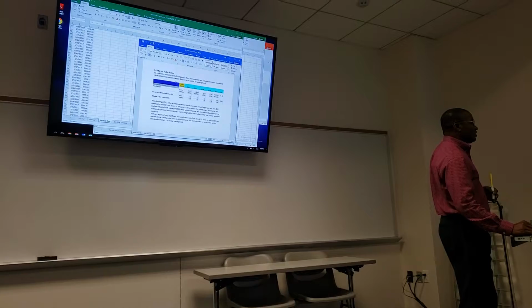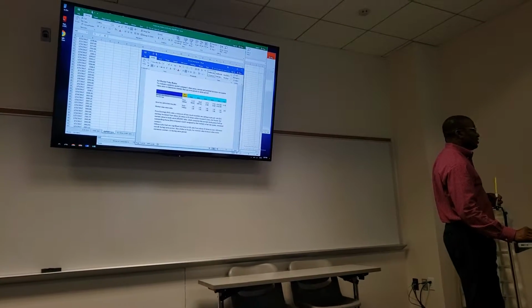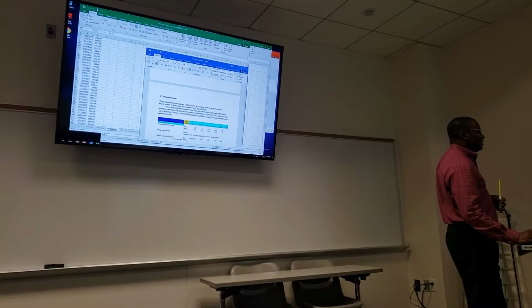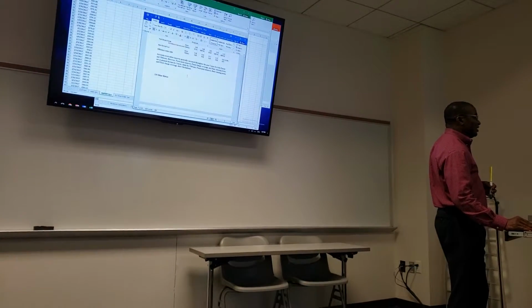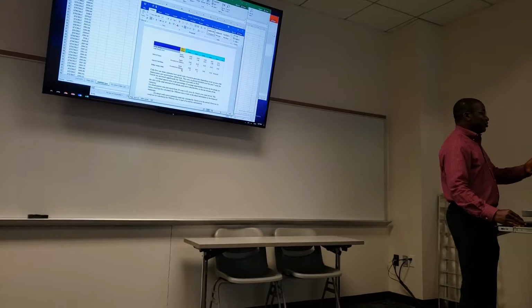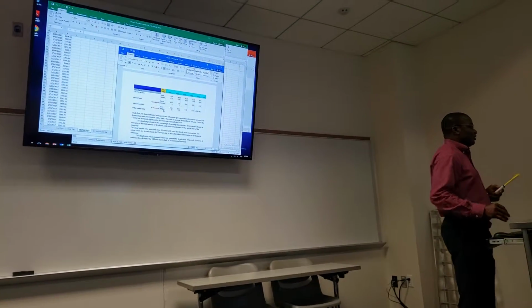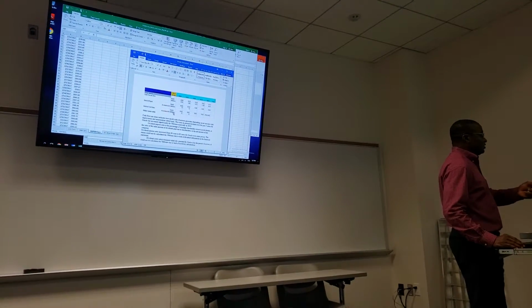Then you can also see the market value ratios, including the efficiency ratios. And then there are some other ratios that we considered as well, including the cash flow per share, the dividend payout, and the dividend yield ratios.